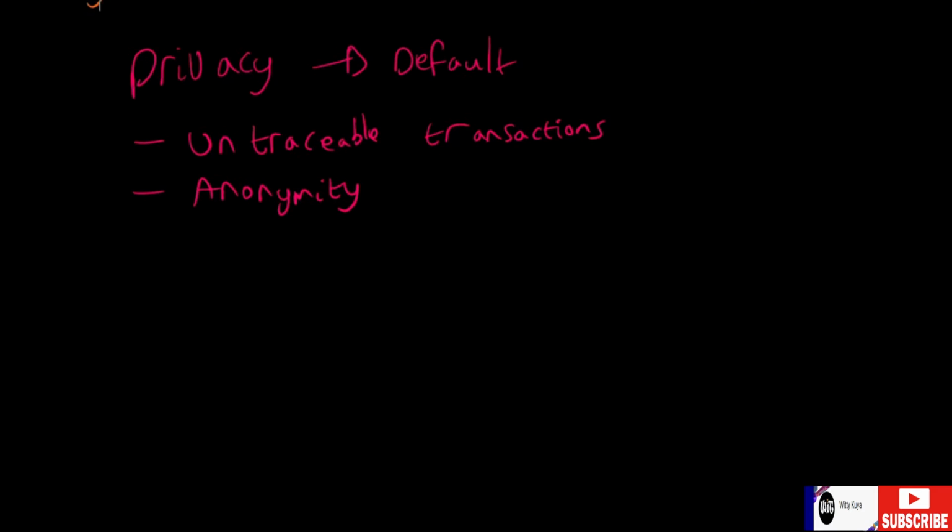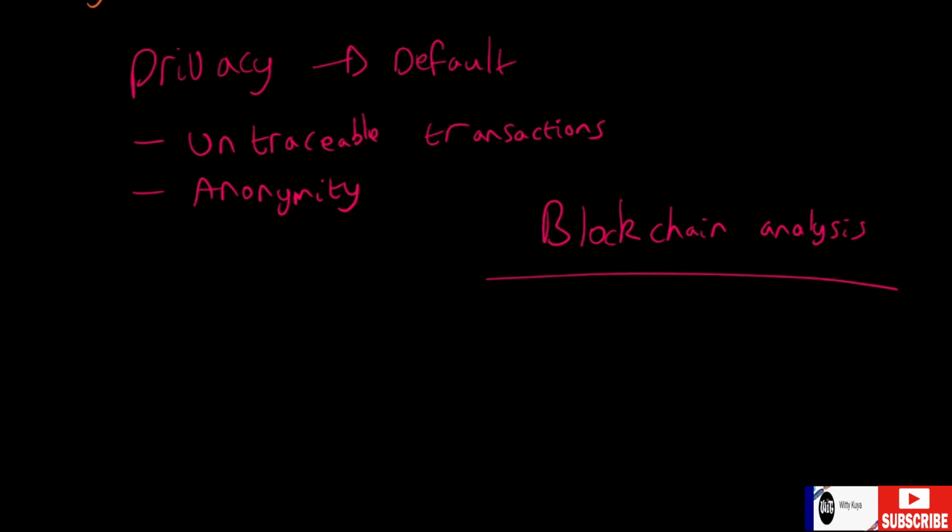Because there are actually people and organizations doing blockchain analysis, analyzing the addresses and how the money is flowing, and they're able to, with a high degree of accuracy, find out who that individual or organization is.